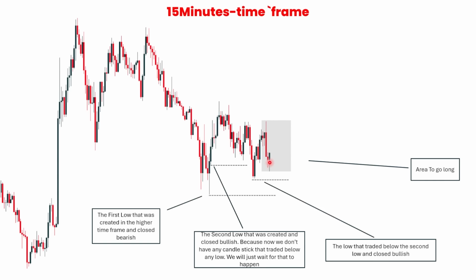This is where we are looking to go long in the lower time frame. We can also see that price action traded below this bearish candlestick's low and then closed bullish with a bullish engulfing candlestick. So here we can try to enter long, on the retracement or maybe on the close.